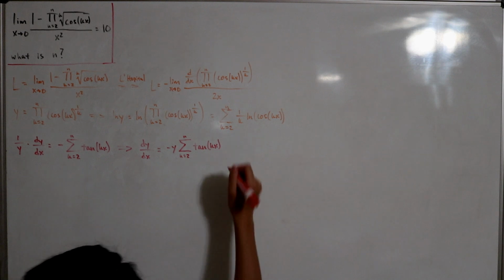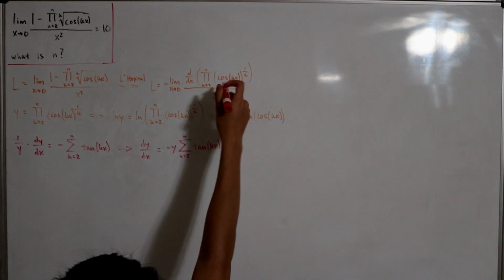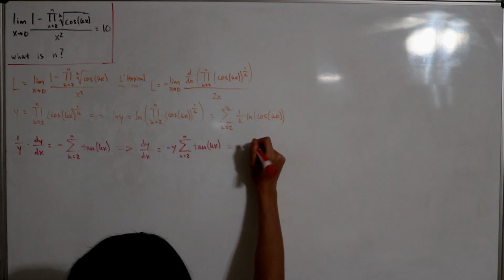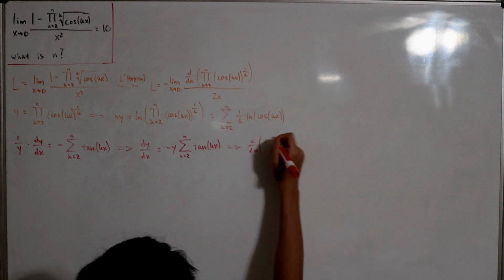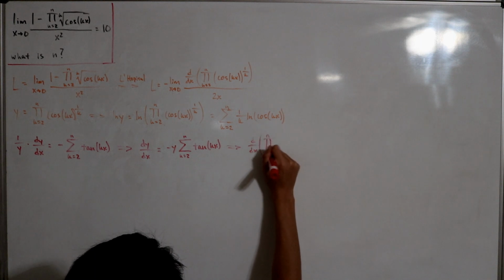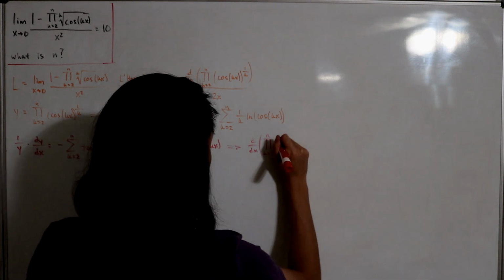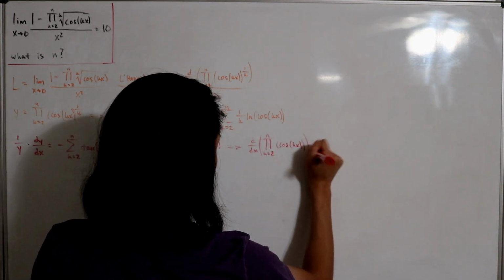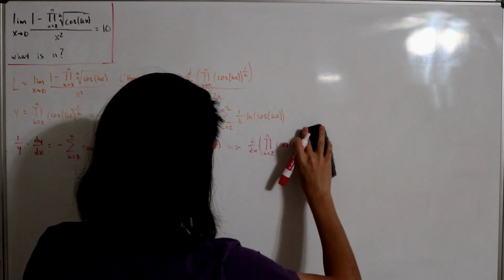So we know that this is just equal to the derivative of the product series, which I'll write as d over dx of the product from k equals 2 of cosine of kx to the power 1 over k.